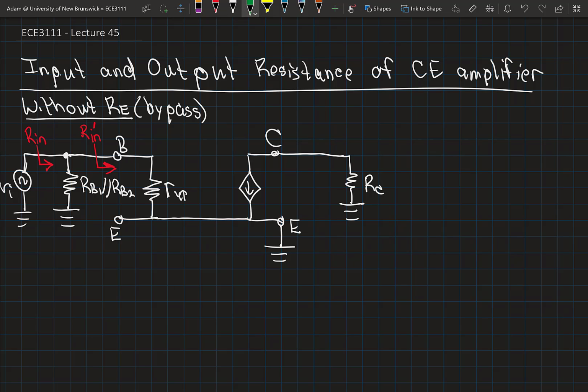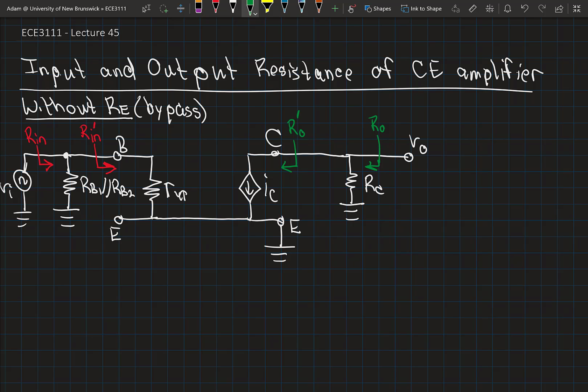On the output, I could look at the output resistance right at the collector. Let's call this RO prime. Or I could look at it from the perspective of the output voltage and look at the output resistance including that bias resistor RC.